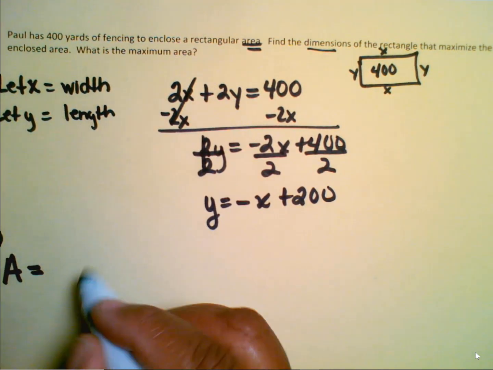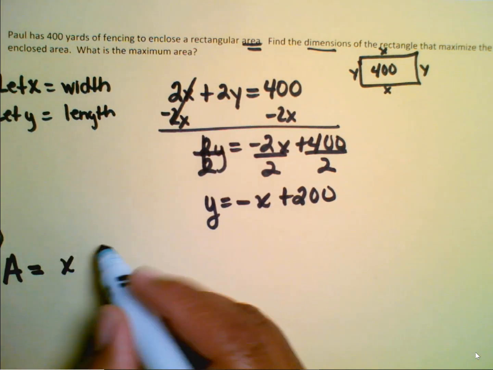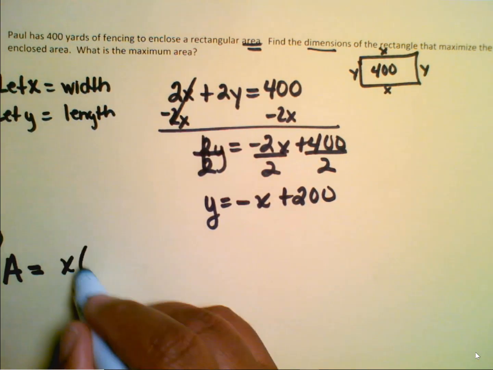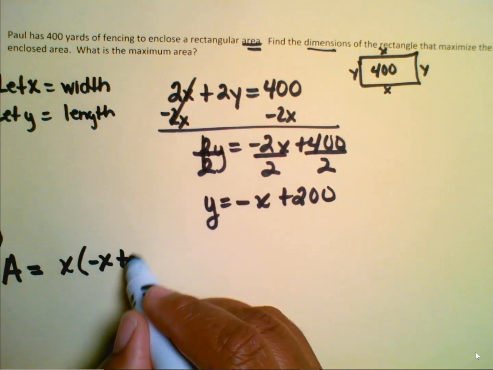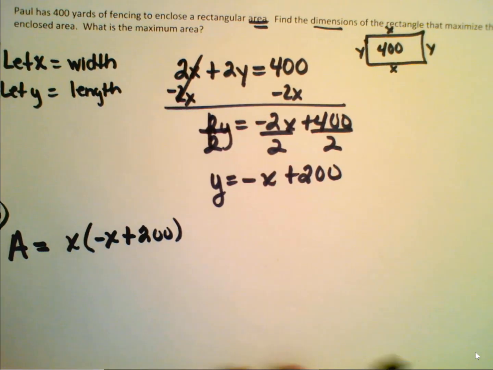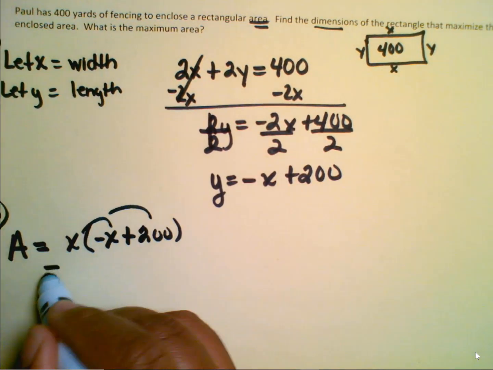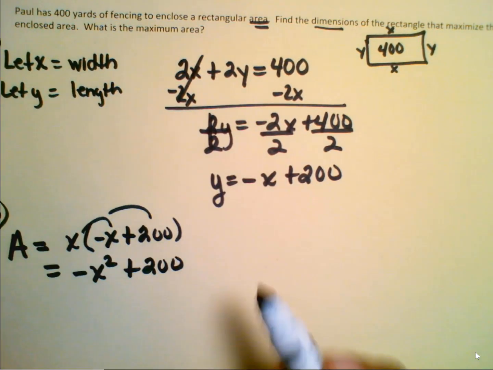Okay, so we said let the width be x and let the length be negative x plus 200. And let's distribute this. We have negative x squared plus 200.